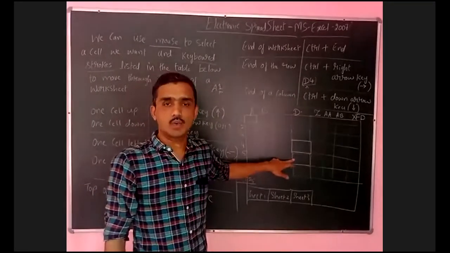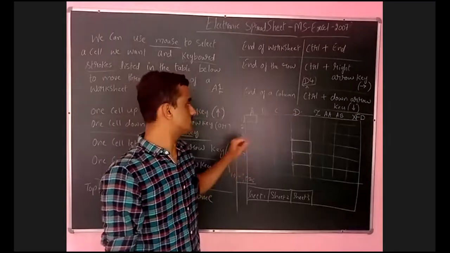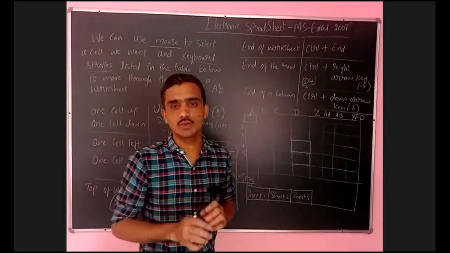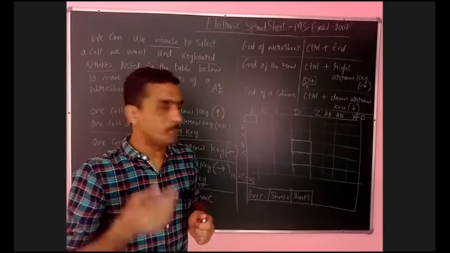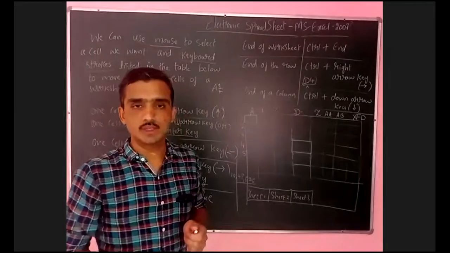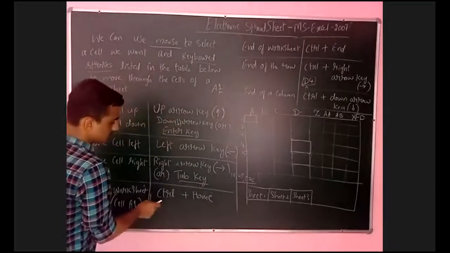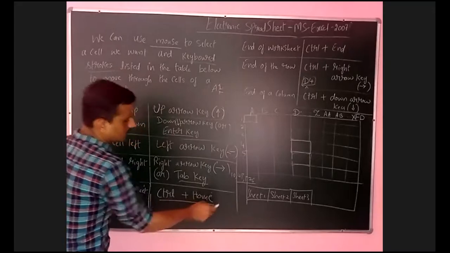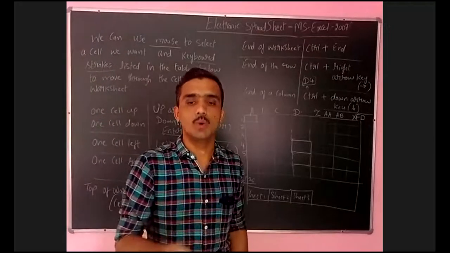Now, if I want to move to the first cell, A1, first row, first column, we need not press the up arrow and left arrow keys many times. There is one option by keyboard: Control plus Home. By pressing the Control key, you have to press the Home key.